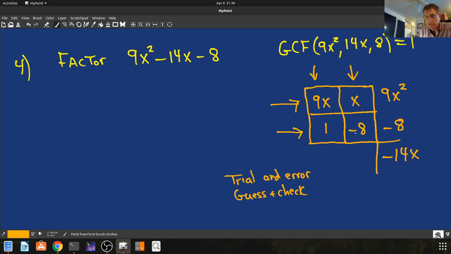So 1 times minus 8 is minus 8. 9x times 1 is 9x. And x times minus 8 is minus 8x. But this is equal to minus x, and I want it to be equal to minus 14x. So that's not going to work. We have to try something else.